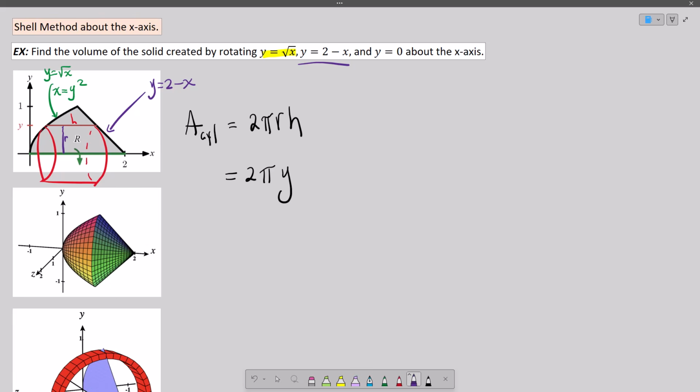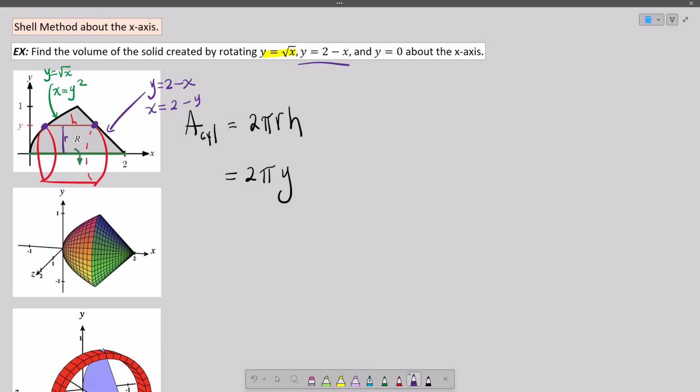To force it into the horizontal distance measuring model, we have to isolate x. So x will be equal to, if you add the x to the left and subtract the y to the right, you'll end up with x equals 2 minus y. So now we have the left boundary written as an x value, and we have the right boundary written as an x value.